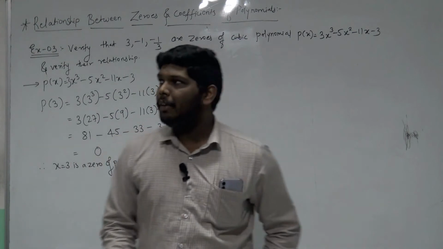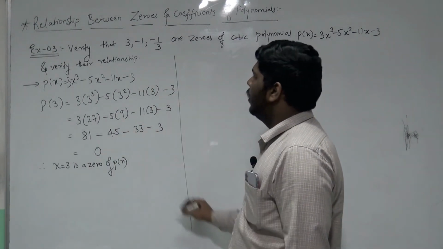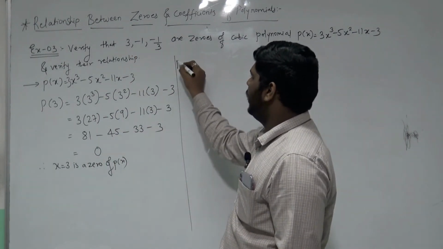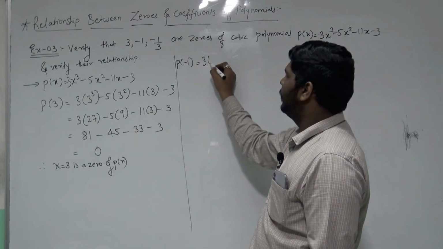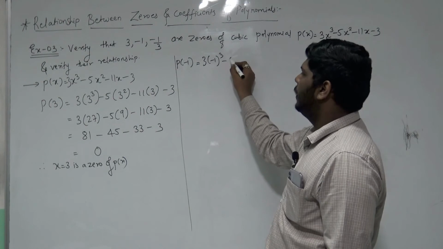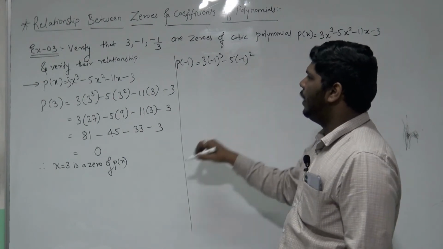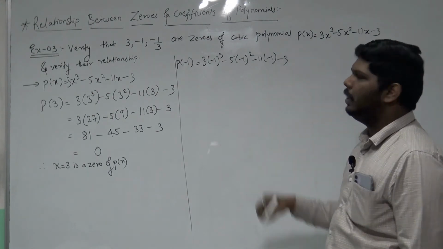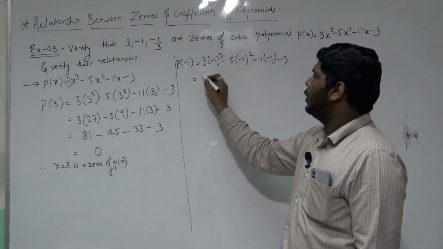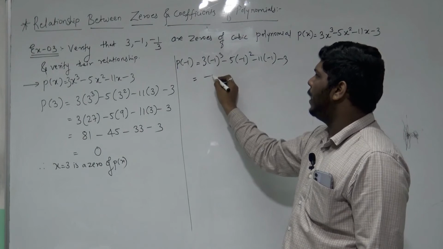Now similarly we will verify the remaining two values also. The next value is p of minus 1, where the value of x is minus 1. So this will give me 3 times minus 1 cube minus 5 times minus 1 square minus 11 times minus 1 and minus 3, correct? So minus 1 cube is minus only, so this will give me minus 3.